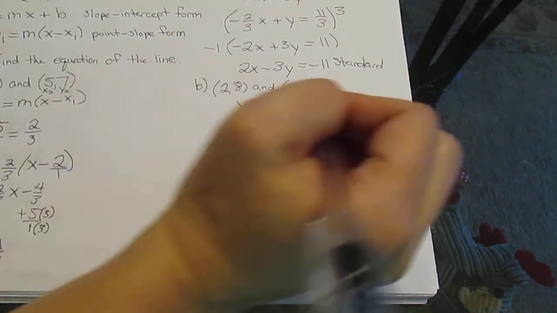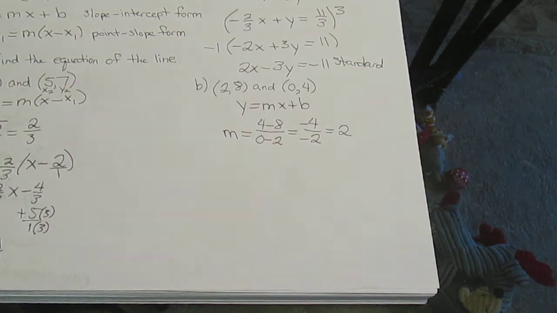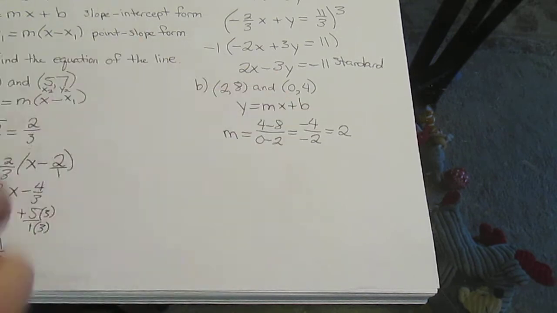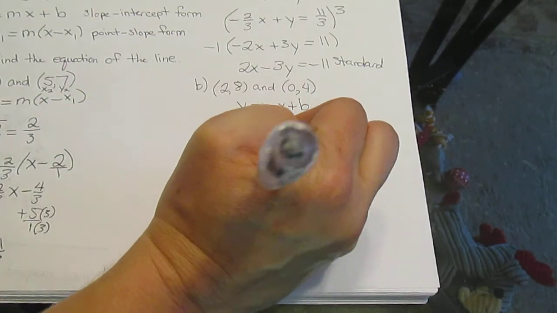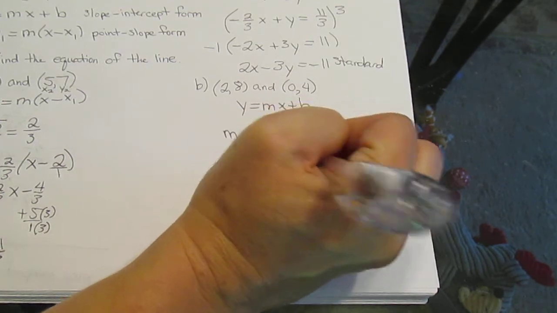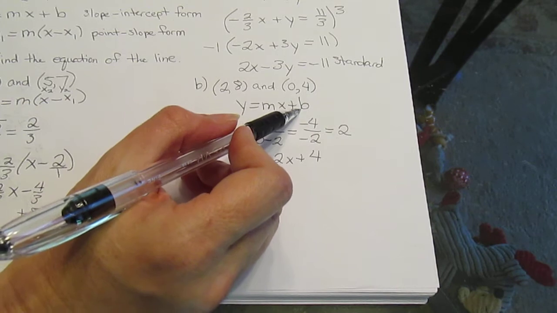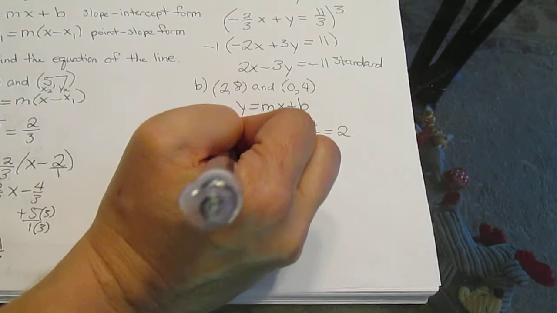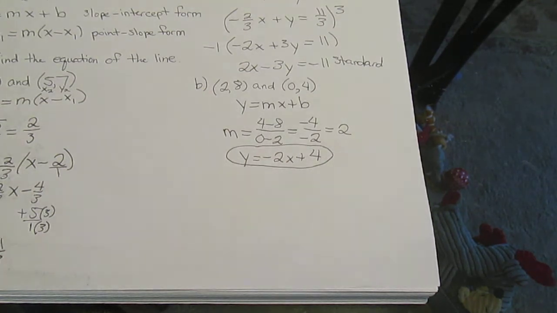And that gives me a positive 2. So my slope is 2. And now we've got everything we need to plug in. So we've got y equals negative 2x plus 4, because my b is the y-intercept. Okay, so that's slope-intercept form.